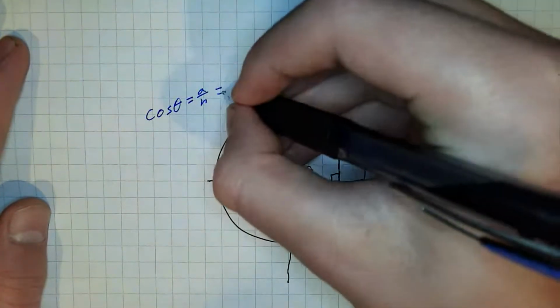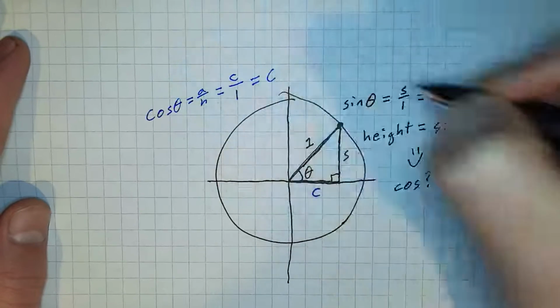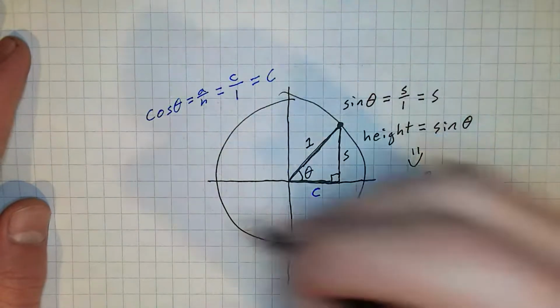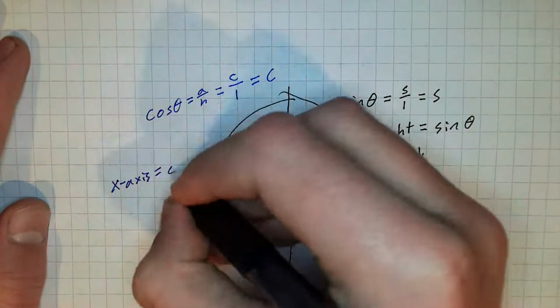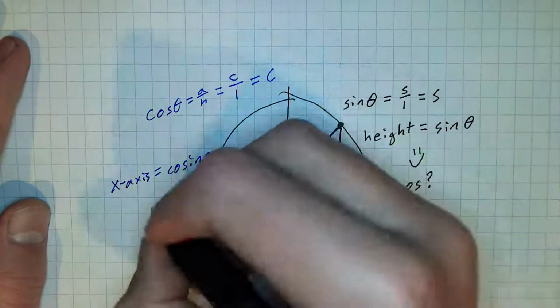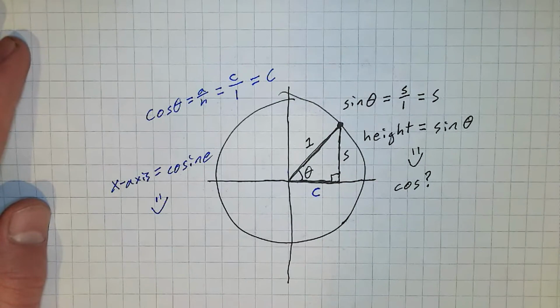And since our hypotenuse is 1 and our adjacent is c, that means c over 1, c, is cosine of theta. So that means the x component of our point on the circle is cosine, and that unites those parts. So now we know that cosine and sine both have representations on the unit circle linked to a triangle.